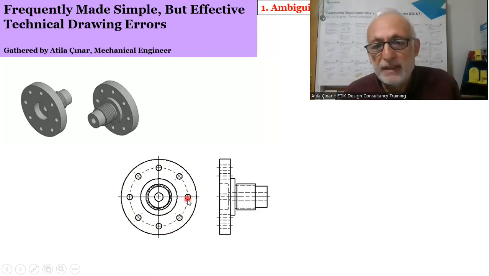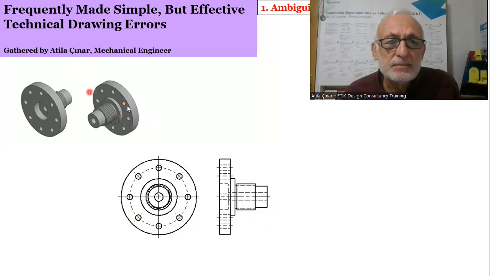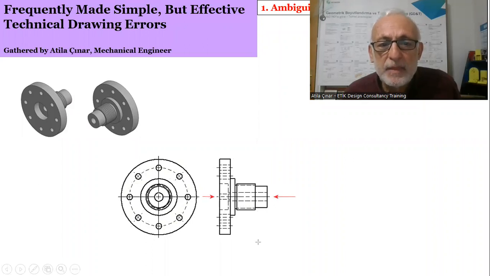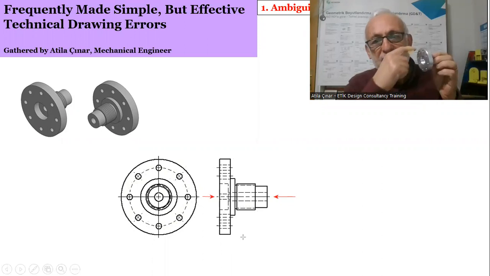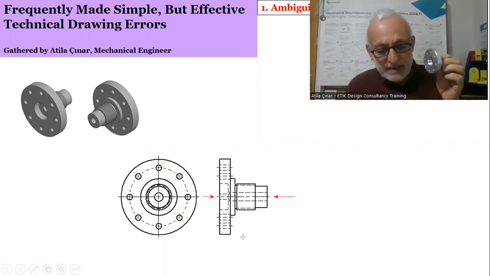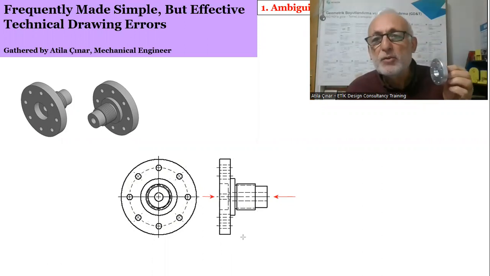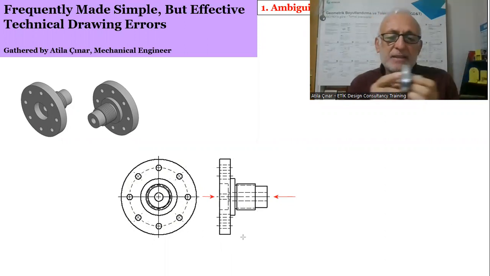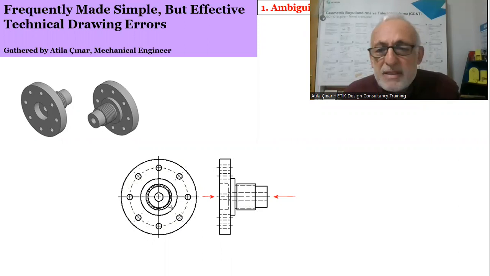This view of the part is a view looking from either this side or this side, because we can see this big cylinder by looking at the part from this side or from this side. And this view is one of these. We have to know which one, from this side or from this side.